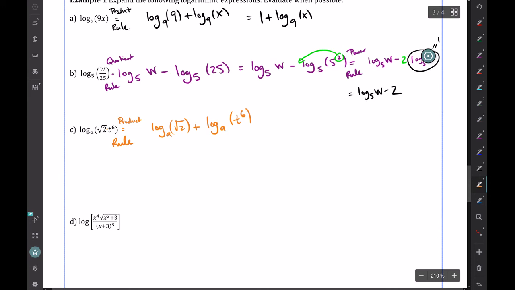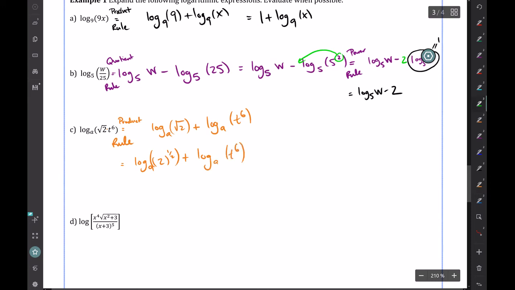And now we'll use power rule in just one second. Let me write this as 2 to the 1/2. So log base a of 2 to the 1/2. I'm just replacing square root of 2 with 2 to the 1/2 there. And then plus log base a of t to the 6th.